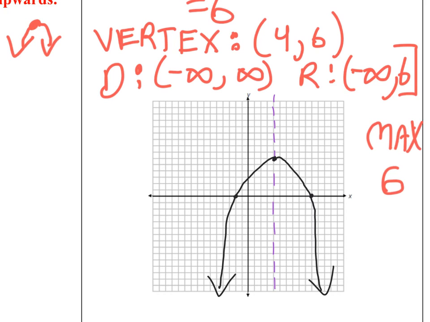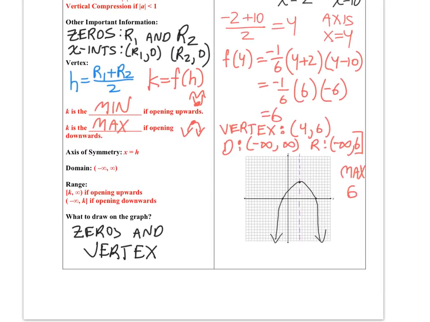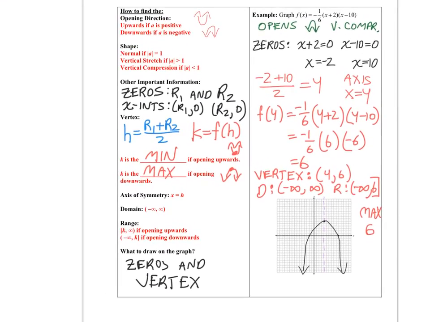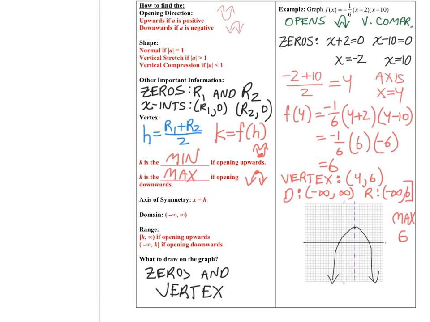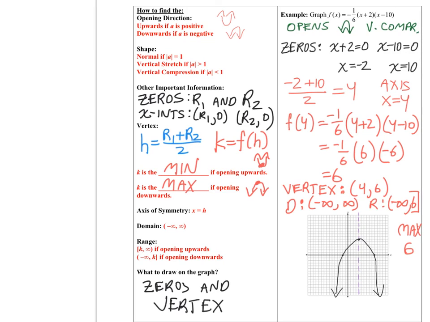And let's think about our common sense. If we go back and look at the original function, we notice that it's upside down. So that's good, our function's upside down. It's symmetric. It has the zeros that we want it to have. And we can also see that it's a little shorter parabola because of the vertical compression.